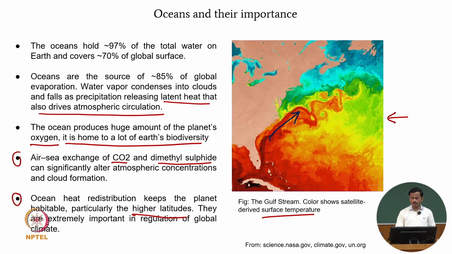This is a current that takes heat from around the tropics, and it is taking it, as you can see, towards higher latitudes. So the color shows temperature.